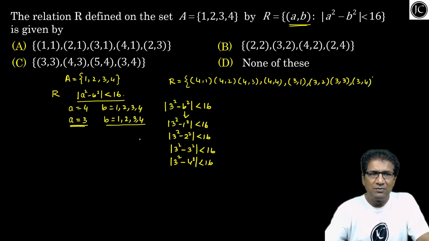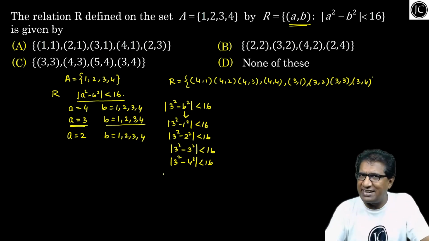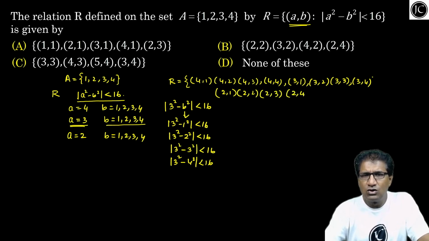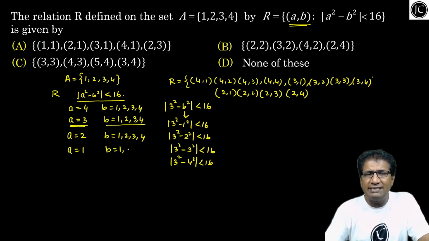Is it clear? Now if I assume a as 2, then again b will take the values 1, 2, 3 and 4 with the same argument that I have given you right now. So again, the elements that will come are (2, 1), (2, 2), (2, 3) and (2, 4). Now if I take a as 1, in that case also b can take the value 1, 2, 3 and 4.